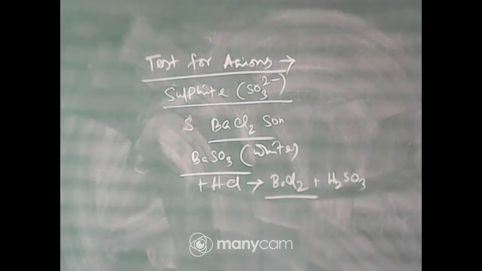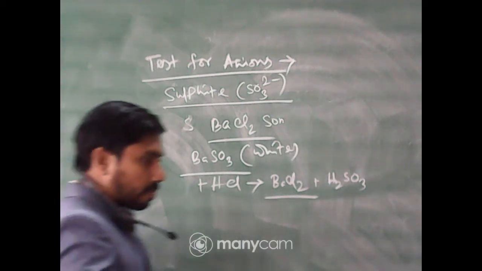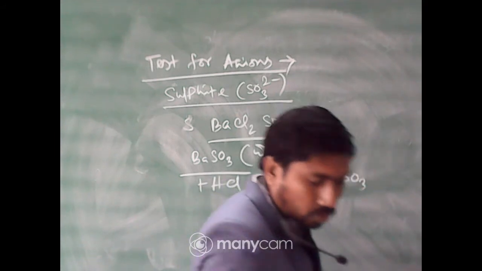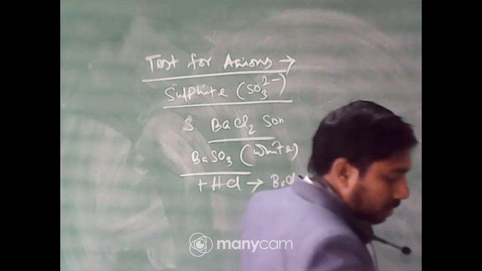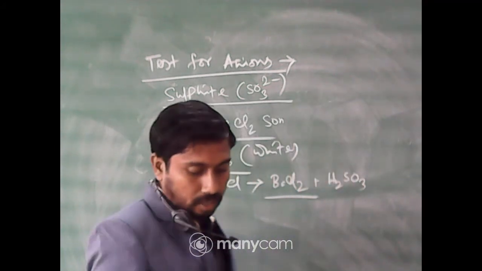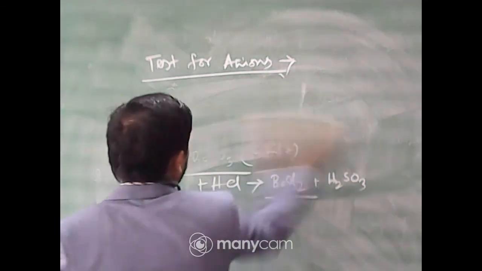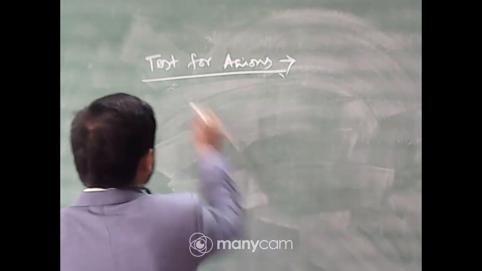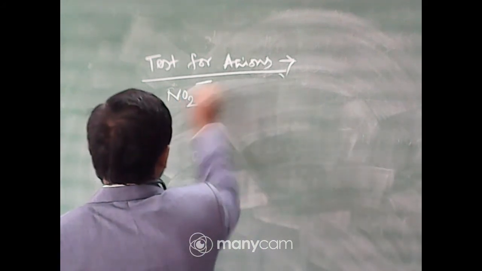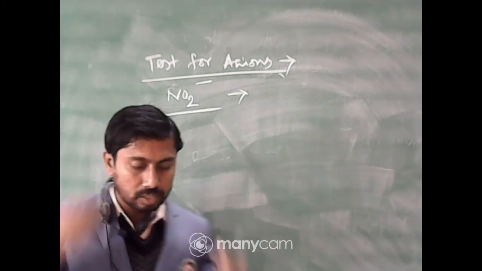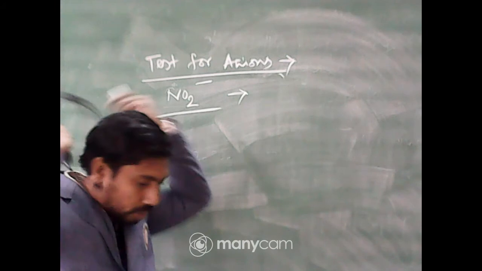Next, we will show you the test for nitrite. There are two different salts, one is nitrate and another one is nitrite. Now I will show you at first the nitrite, NO2 minus, test for NO2 minus. This is also a wet test. So for this, a nitrite sample will be taken.